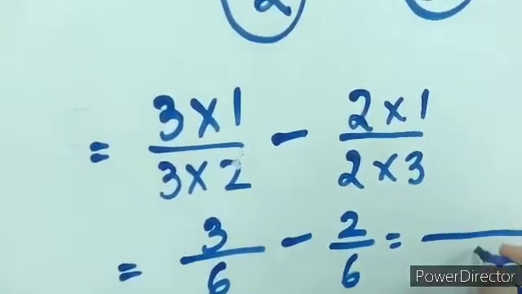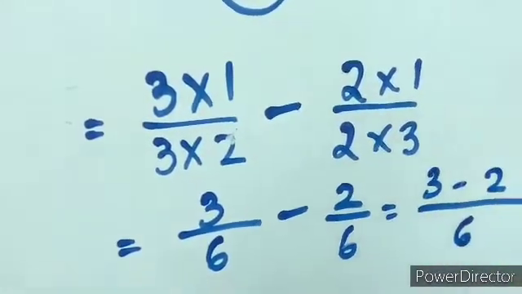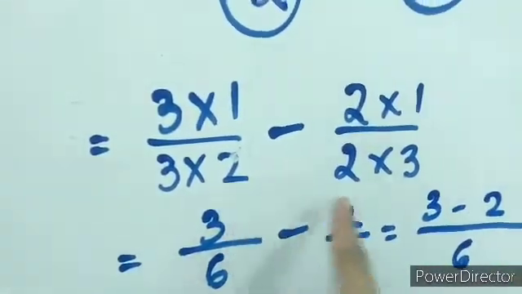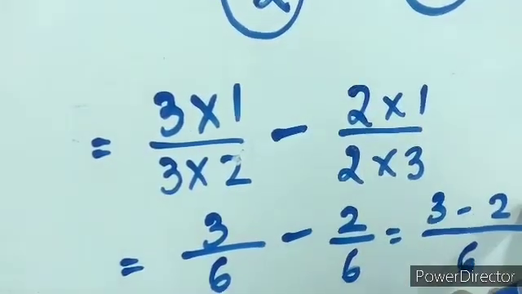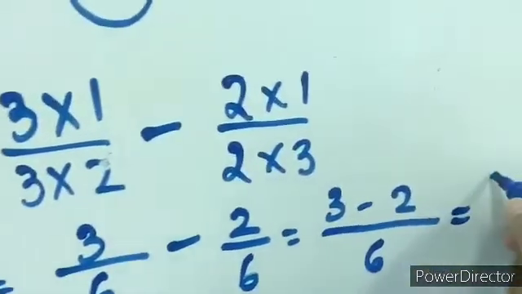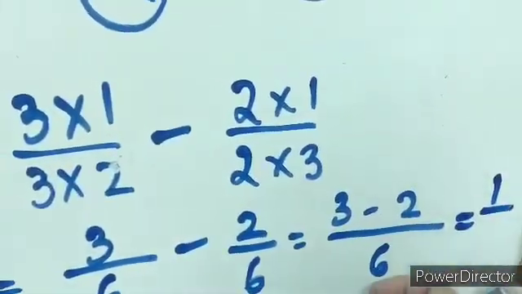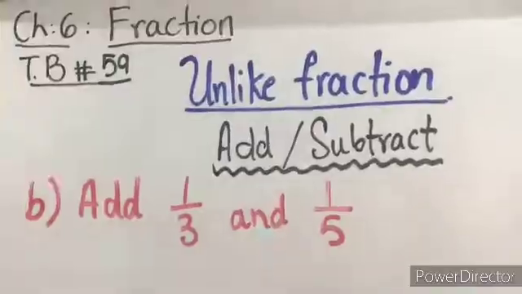Exactly. You will take the denominator in common. You will put the values of the first numerator and the second fraction's numerator, like 3 minus 2. Now 3 minus 2 is 1. And what is the denominator? 6. So the answer will be 1 by 6.